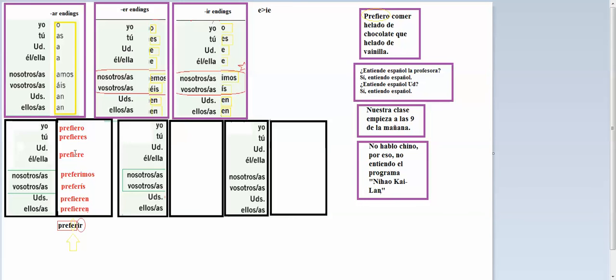So it's prefiero, prefieres, prefiere, preferimos, preferís, prefieren.